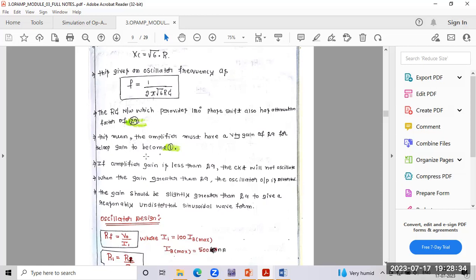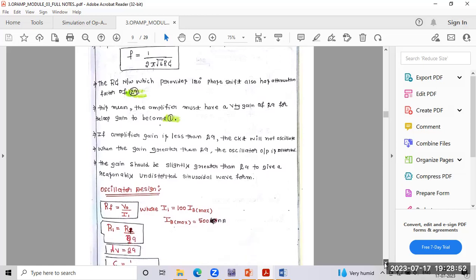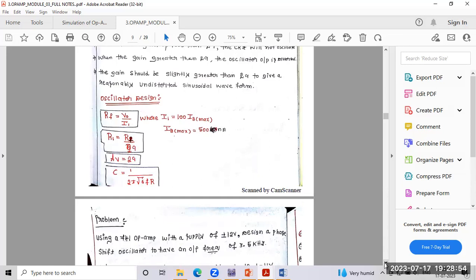We know the basic criteria: magnitude of A beta should be 1. So our inverting amplifier should have a gain equal to 29. 29 into 1 divided by 29 should be equal to 1. So our criteria will match. Okay, yes, this is the design.